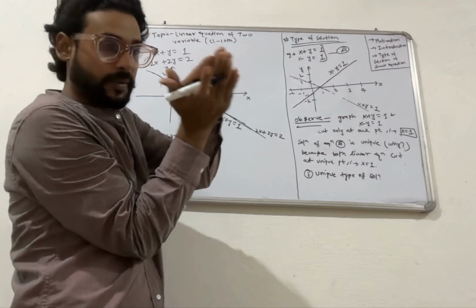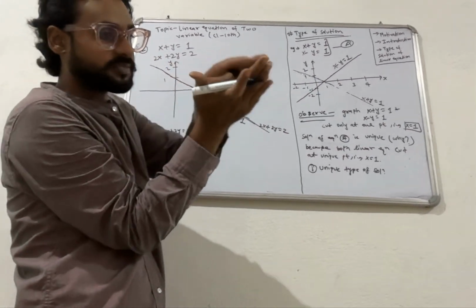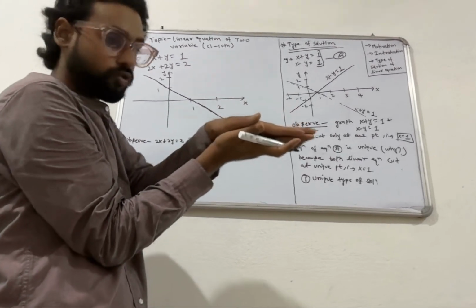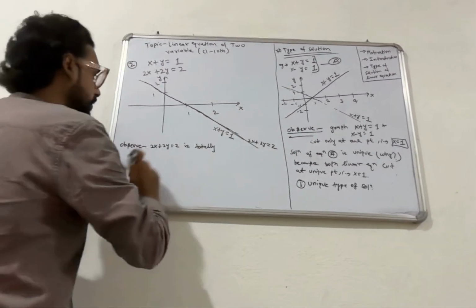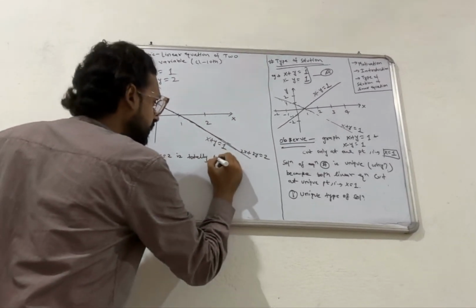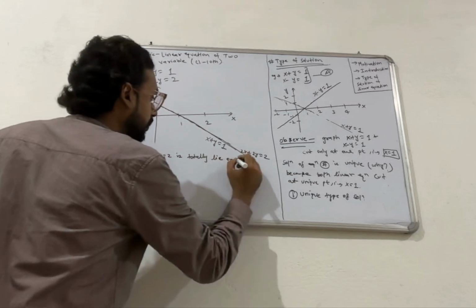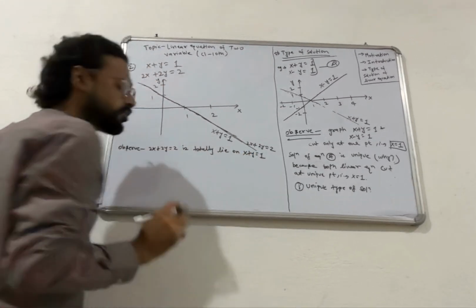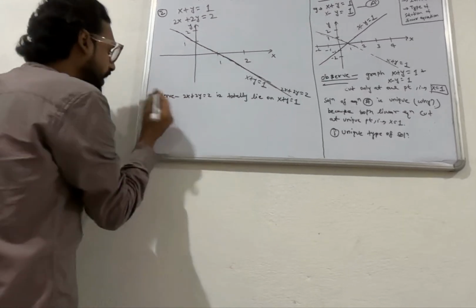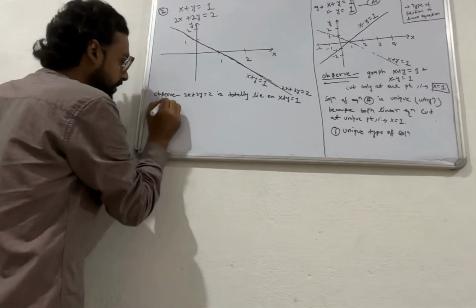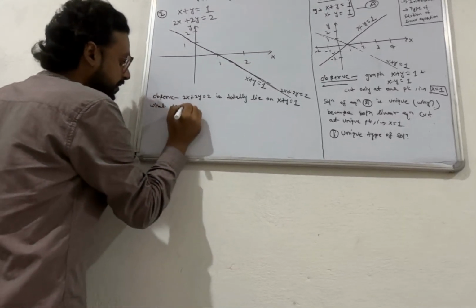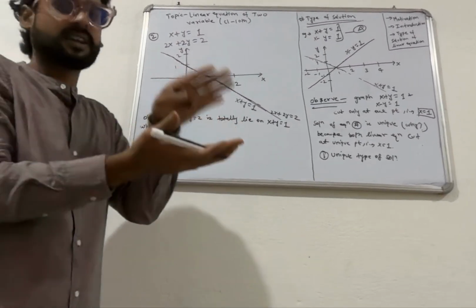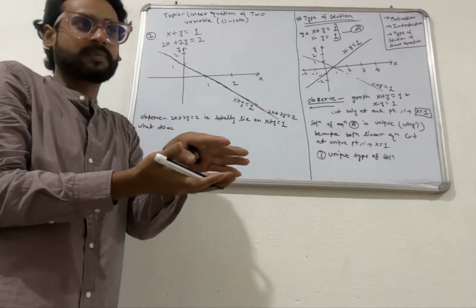So this is x plus y is equal to 1 and this is 2x plus 2y is equal to 2. Okay, so it totally lies on x plus y is equal to 1. So what does that mean? What does that mean?